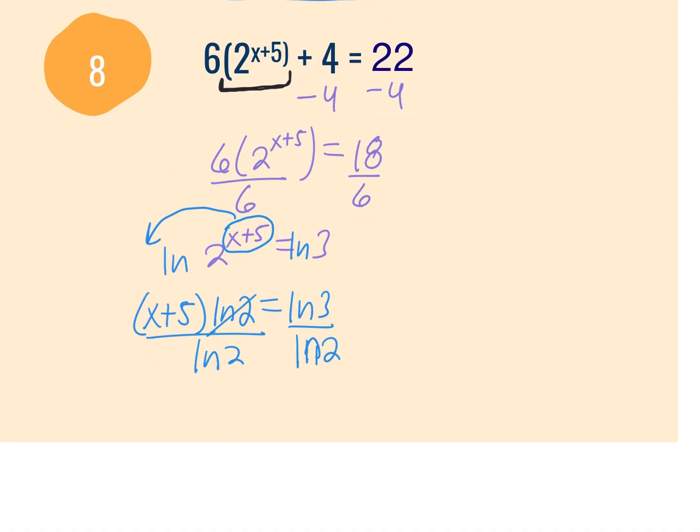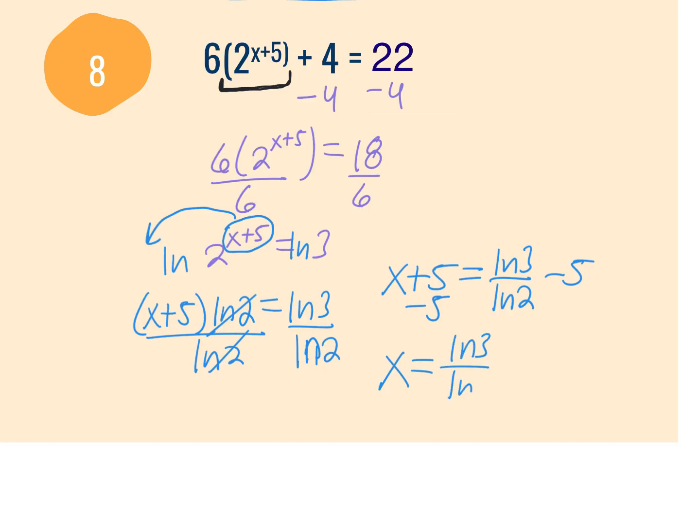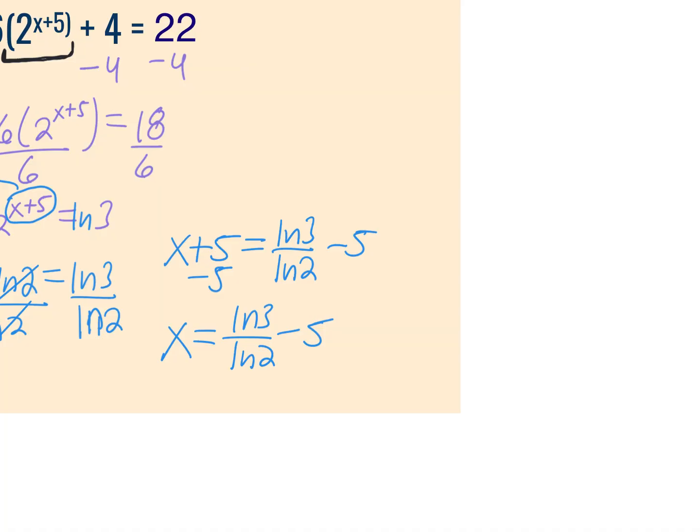All right, and then those cancel out, and so we get x plus 5 equals ln of 3 over ln of 2, and then you can subtract 5 on both sides. And then you get x equals ln of 3 over ln of 2 minus 5. All right, and that's our exact answer, right?